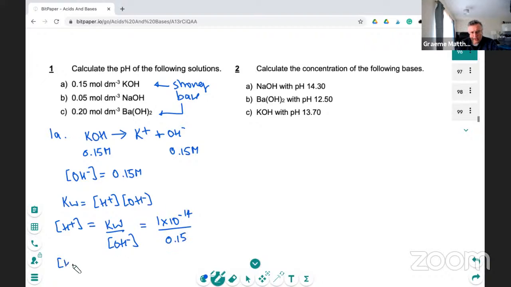And so my hydrogen ion concentration is 1 E to the negative 14 divided by 0.15, I got 6.667 times 10 to the minus 14.